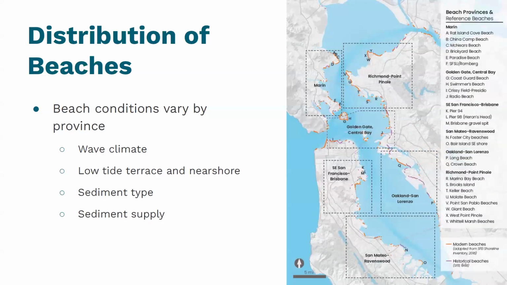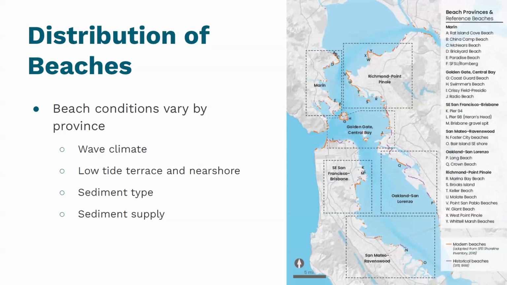Next slide. In the design guidance, we'll go into this in more detail than we can today, but beach conditions really vary by province in the bay. You're seeing a map of some of the beach provinces in San Francisco Bay on the right side of the screen. You can see beaches are most dominant in the Central Bay, the Contra Costa shoreline, as well as down in San Mateo. These are the historical areas where beaches existed and where they're most likely to persist today based on the wave conditions out there.